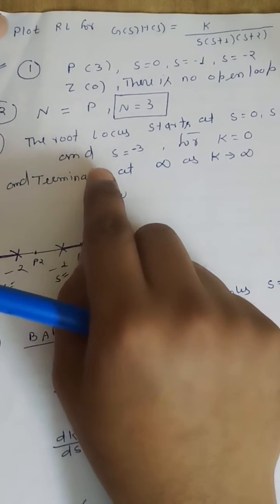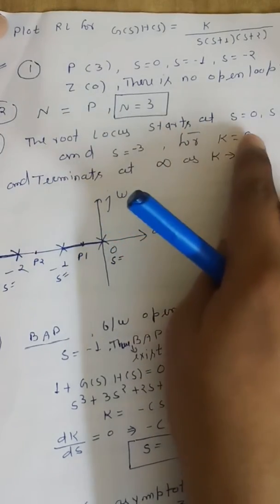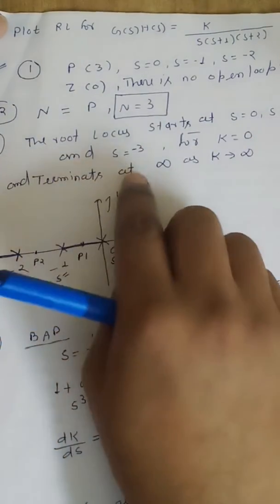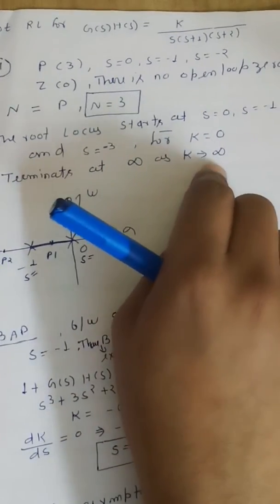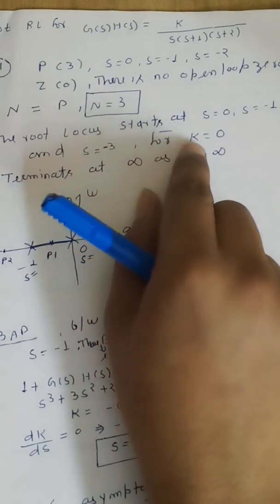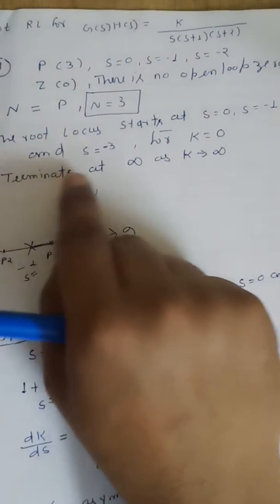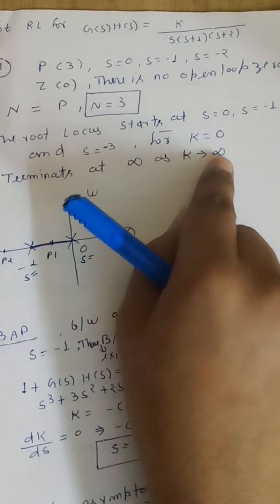Similarly, second root locus branch starts at s equal to -1 for K equal to 0 and terminates at infinity as K tends to infinity. Similarly, third root locus branch starts at s equal to -3 for K equal to 0 and terminates at infinity for K equal to infinity.